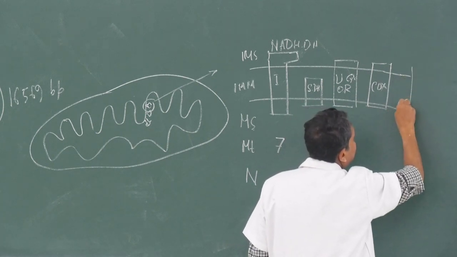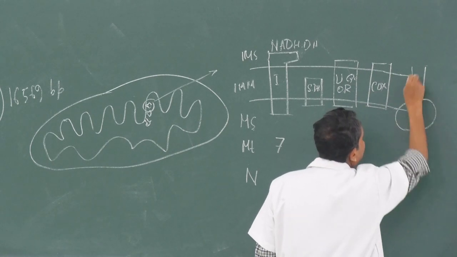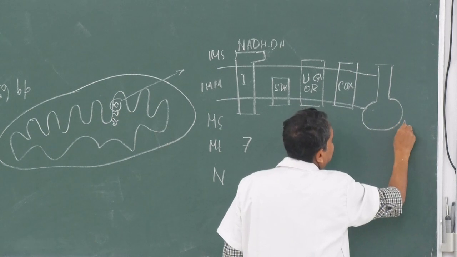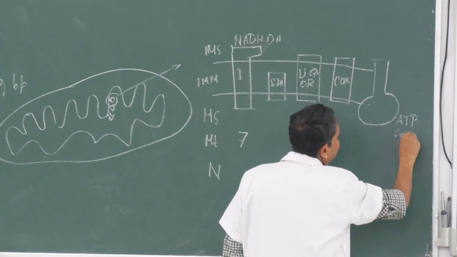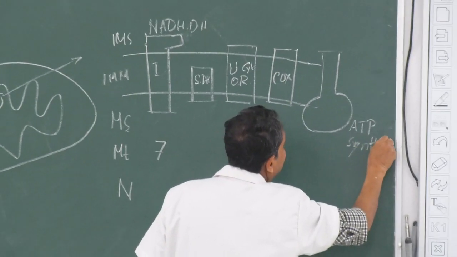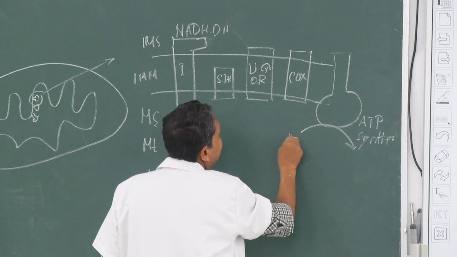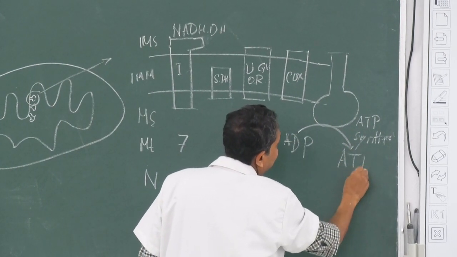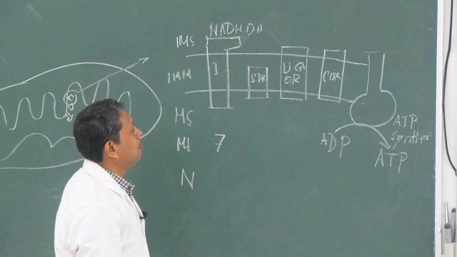Then it is the ATP synthase, where from ADP, adenosine diphosphate, ATP is produced.